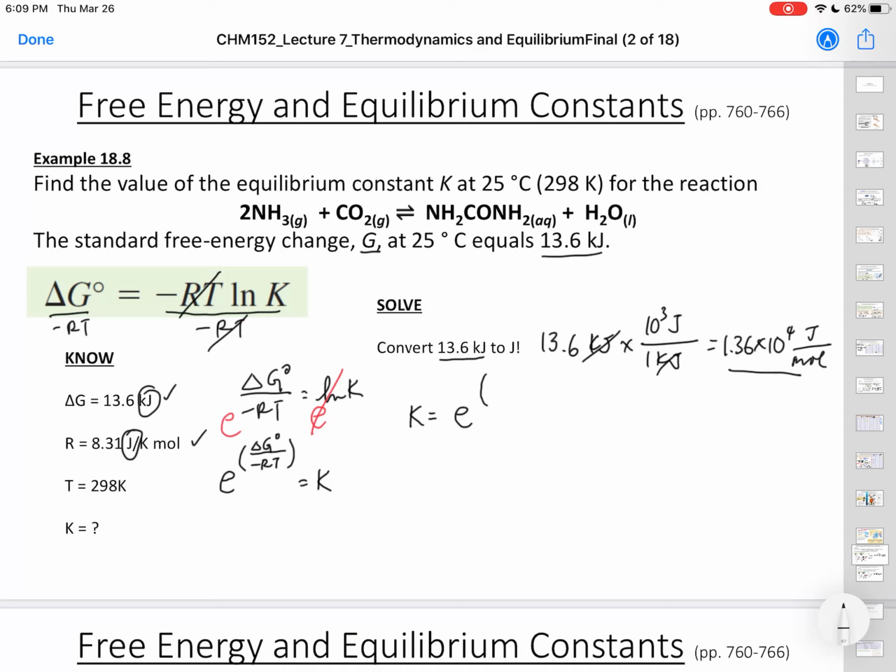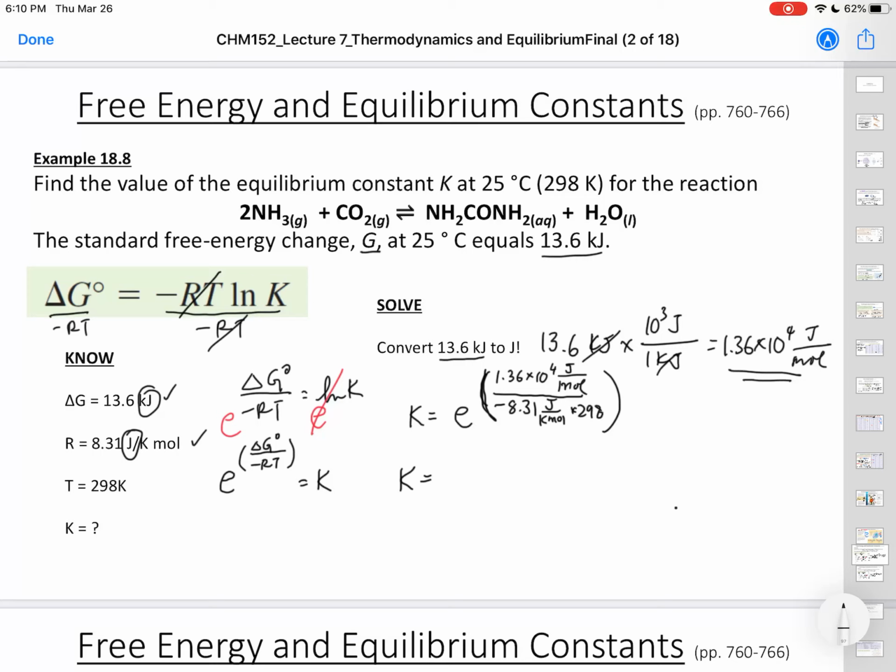So we're going to write that here. K is equal to e to the, and remember we plug it in, delta G is now this value here, 1.36 times 10 to the fourth joules per mole, divided by minus 8.31 joules per K mole, times 298.